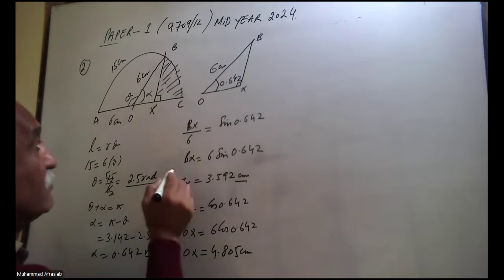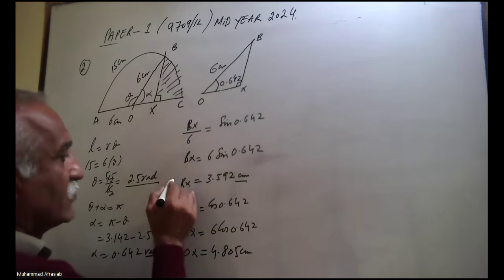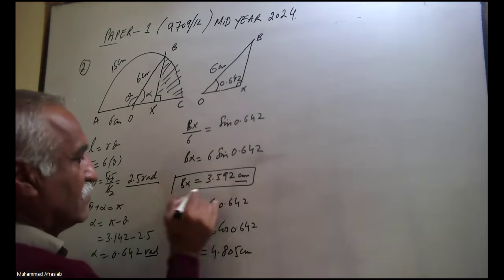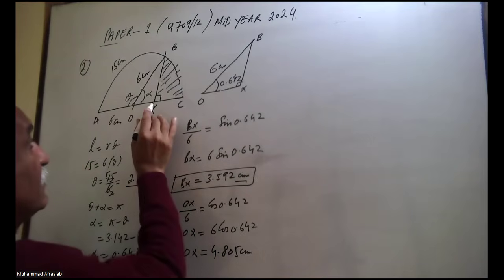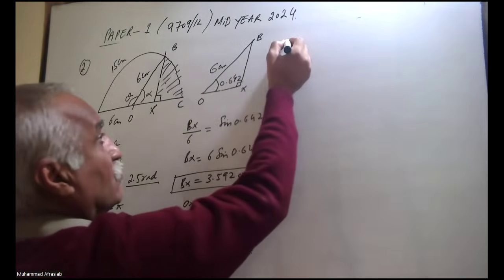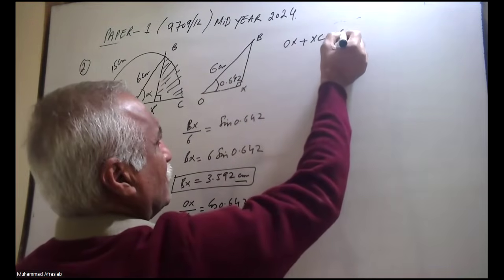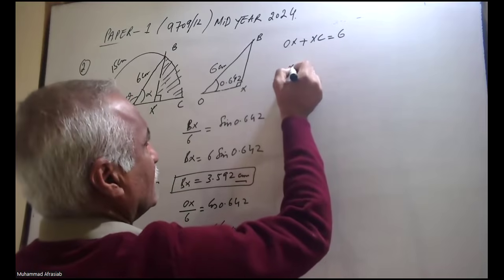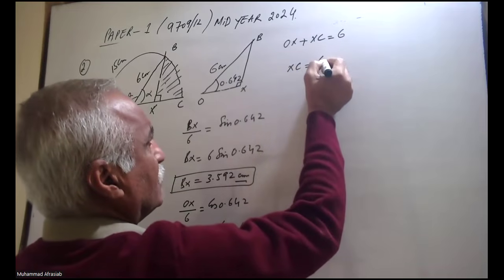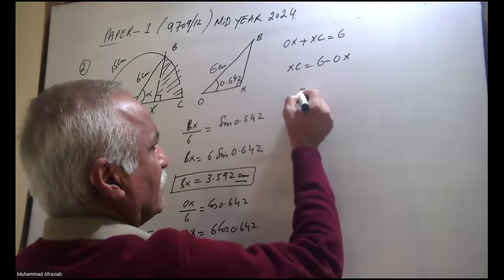But we are going to calculate the perimeter of the shaded region, where BX is already calculated. And now we will calculate XC. We know that OX plus XC is equal to 6. So XC will be equal to 6 minus OX.